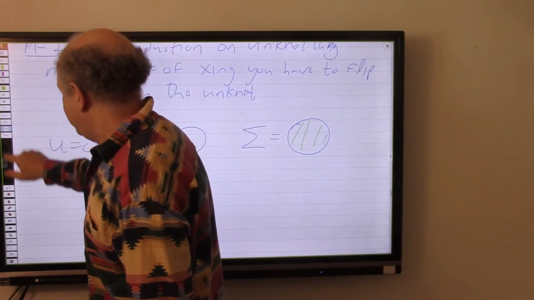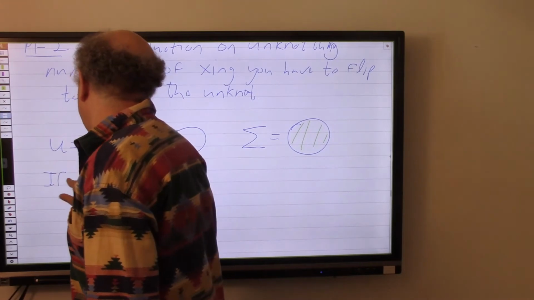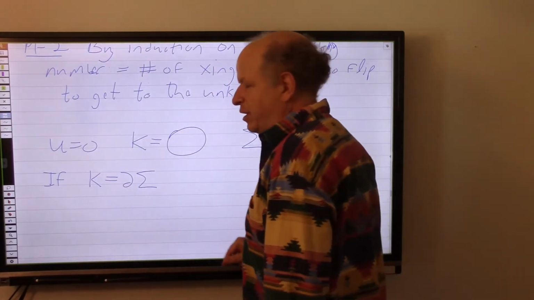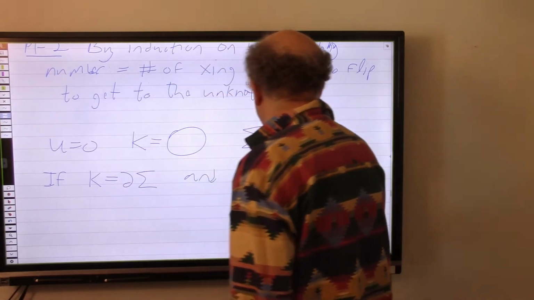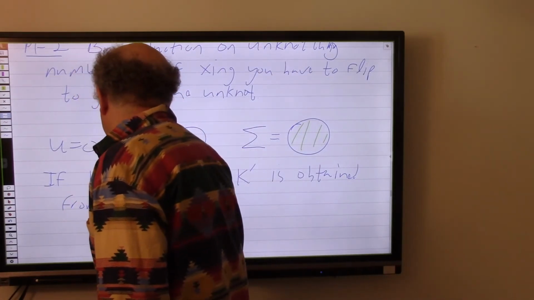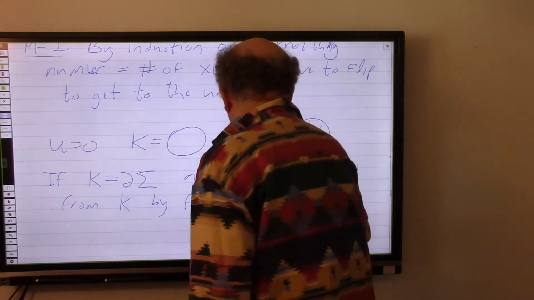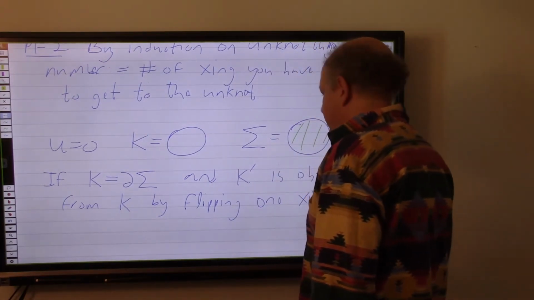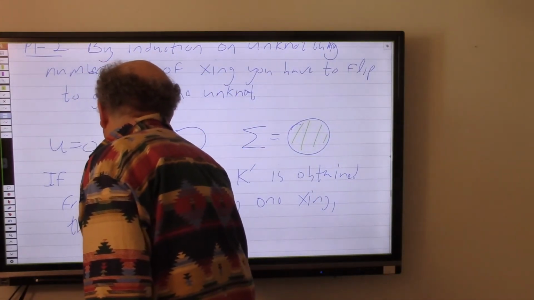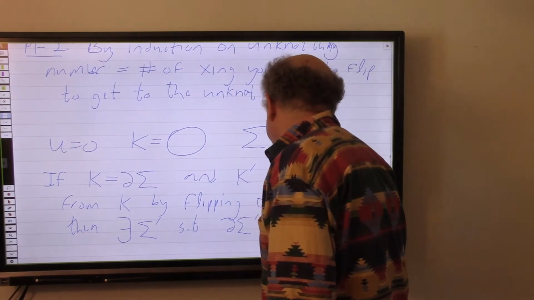Now, to prove the induction step, all you need to show is that if K has a Seifert surface sigma, and K prime is obtained from K by flipping one crossing, then we can find a sigma prime such that the boundary of sigma prime is equal to K prime.